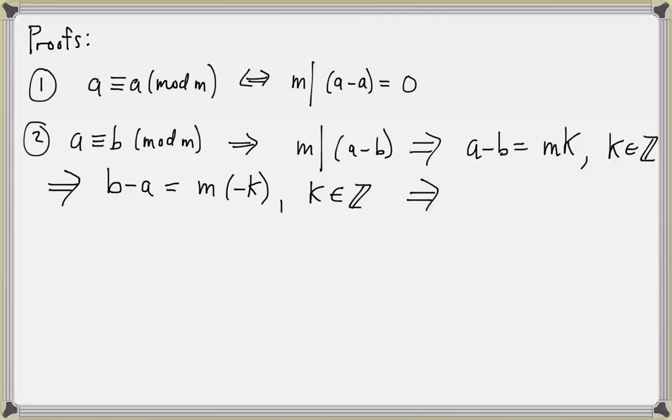Therefore, M divides B minus A, and that is the definition of B congruent to A.